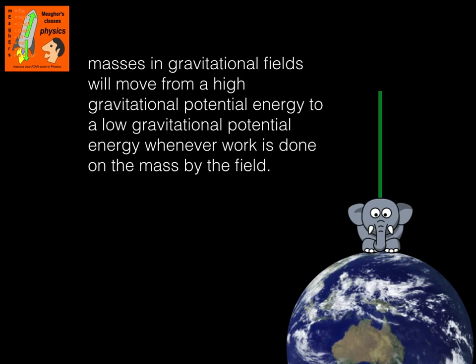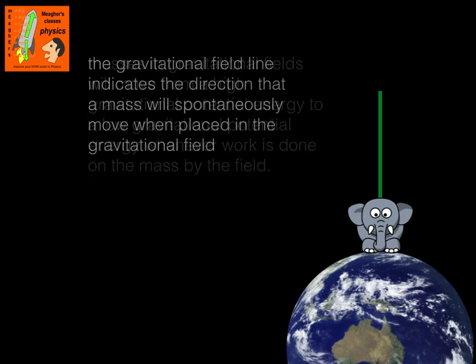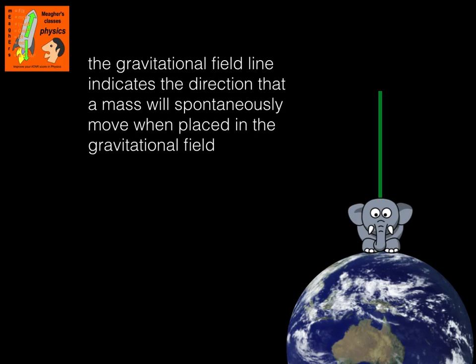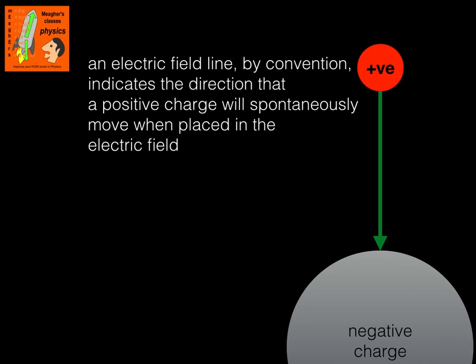In gravitational fields, masses can only really spontaneously move in one direction. It's not like an electric field where you have opposite charges, positive and negative charges, which can go in different directions. But when we have a positive charge in an electric field around a negative charge, by convention we've said that the field line indicates the direction that a positive charge would spontaneously move when placed in an electric field.